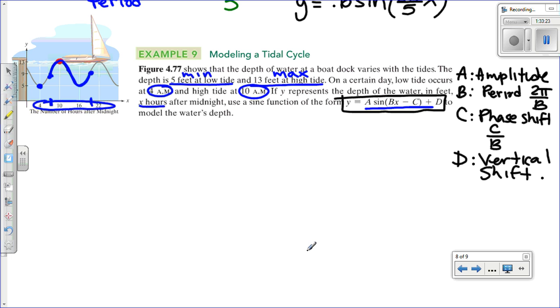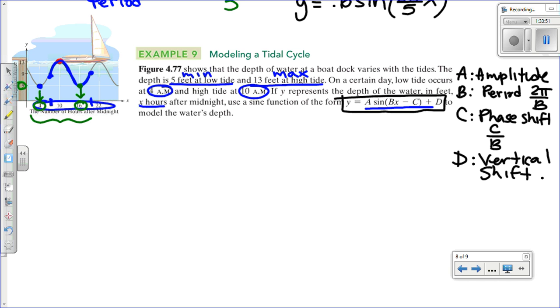However, we do have a pretty good idea of the distance between these two points. We know that the time here is 4. We know that for sure. And we know that the time here for sure is 16. The reason I know that is one complete cycle is because you notice how the graph starts and ends at the same position, which is the depth of the water of 5 feet.